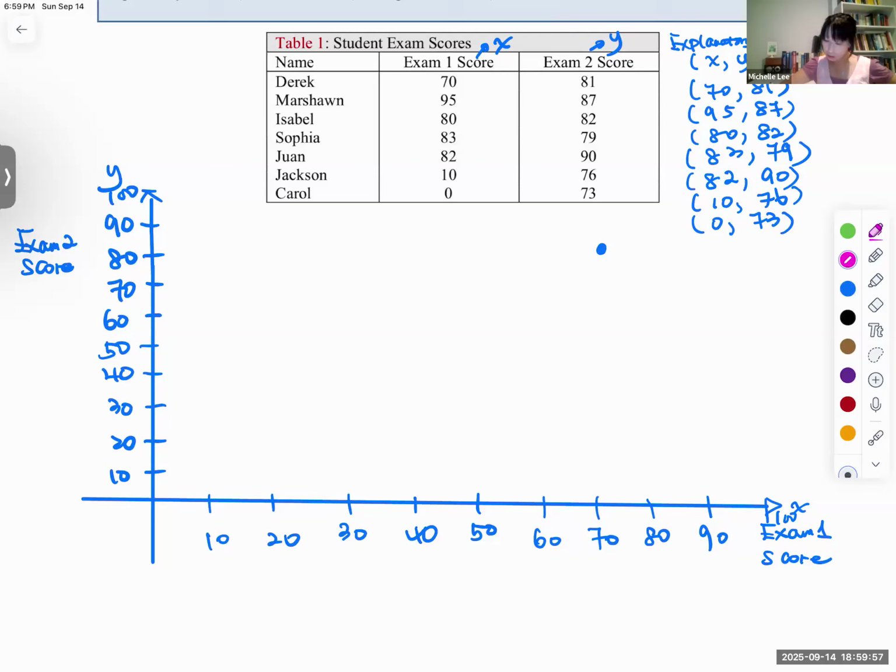It's hard to see, right? So let me do it over here. Third one, 80 and 82. So it's over here. Then 83 and 79, it's over here.